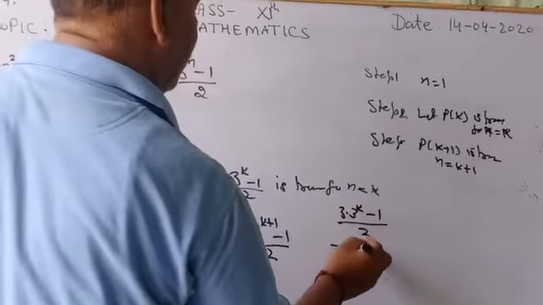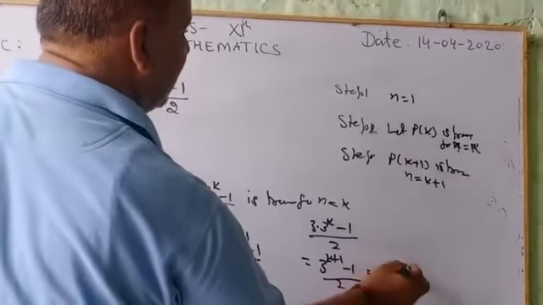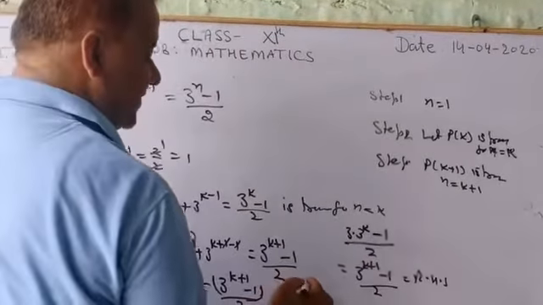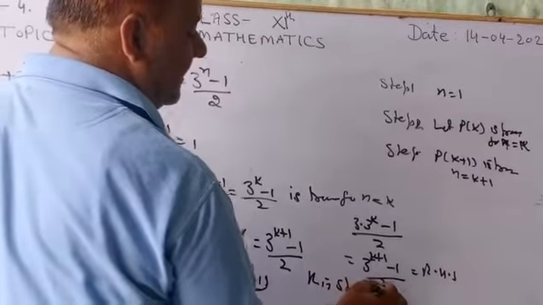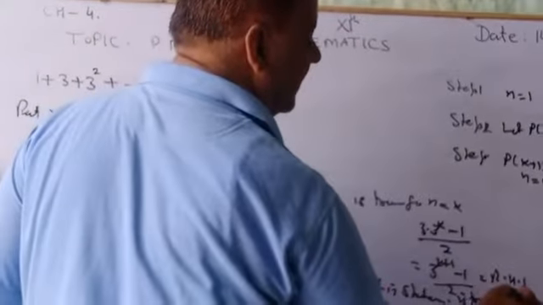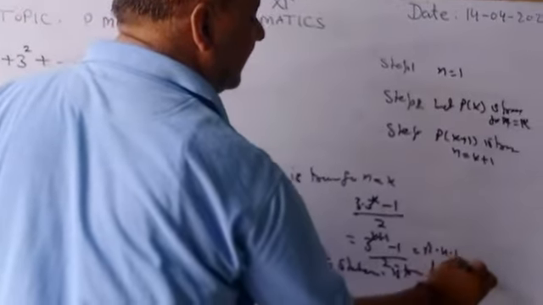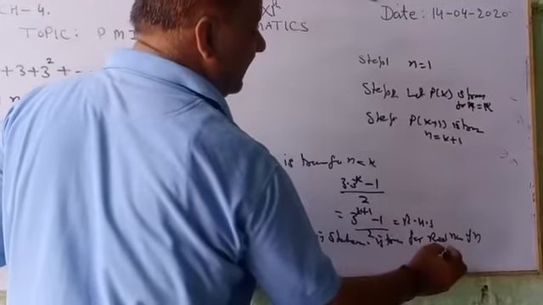So 3 raised to k plus 1 minus 1 upon 2 equal to right hand side. So this statement is true. This statement is true for real value of n by PMI.